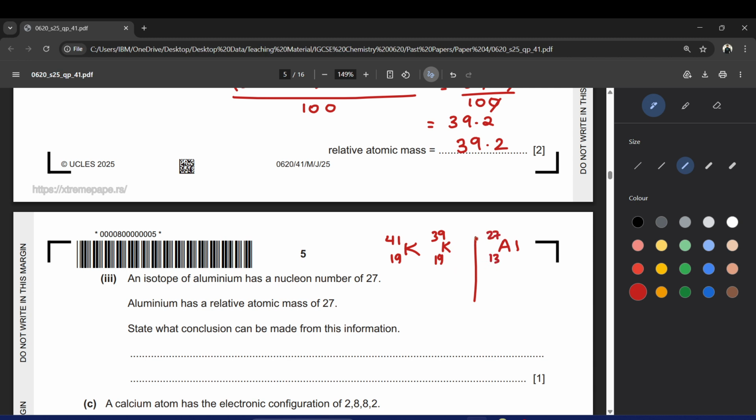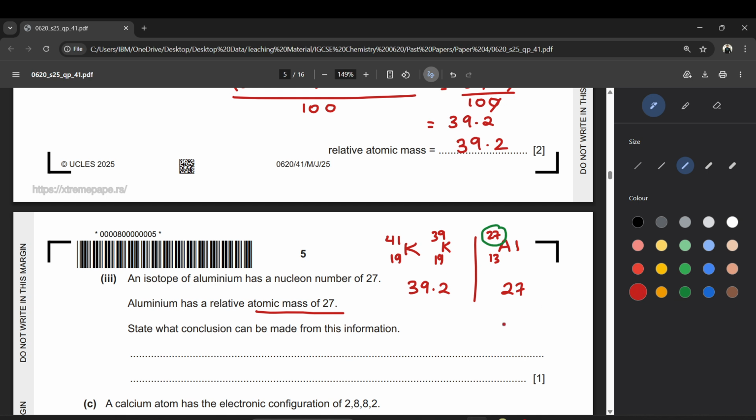Okay. Now, for this one, you can see that there were two different isotopes. And when I try to work out the average relative atomic mass in the previous part, it turned out to be 39.2, right? Because it was the average of these two values, right? But for aluminium, it says that its relative atomic mass is also 27, exactly 27 as compared to this one. So what conclusion can we draw from this?